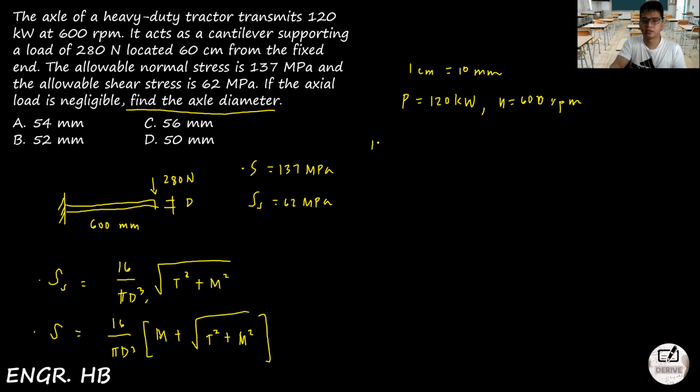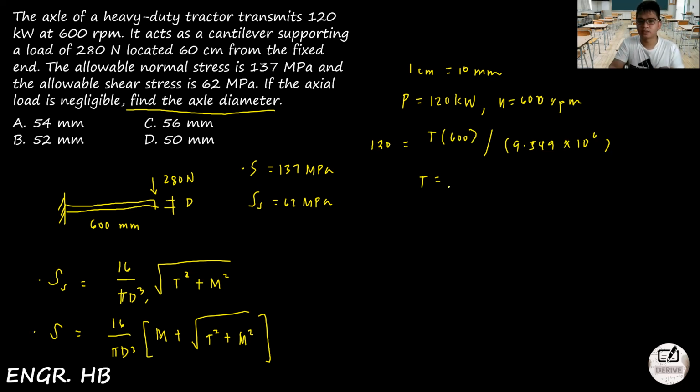So 120 kilowatts is equal to torque times 600 RPM divided by 9.549 times 10 raised to 6. So our torque here will become 120 kilowatts times 9.549 times 10 raised to 6 divided by 600.